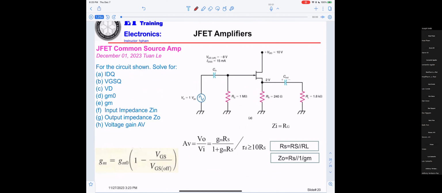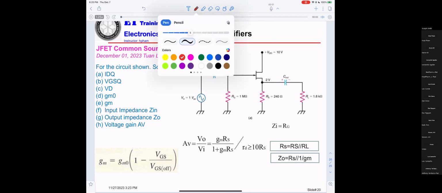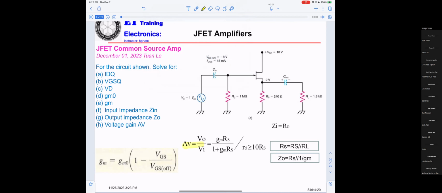Basically, if you want to calculate gm, this is the formula to calculate gm. If you want to calculate the gain, this is the gain formula. If they want Z in, that is Z in. If you want Z out, that is Z out.